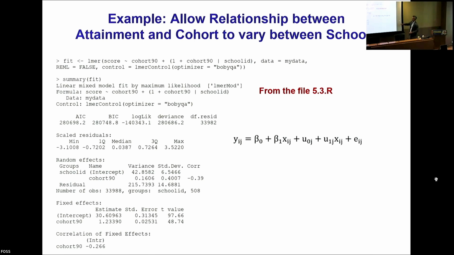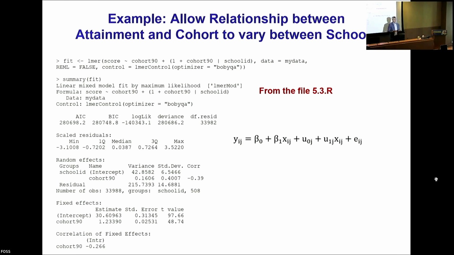So in R, it's always easy to fit these models, but the tricky bit is in interpreting them. To fit the model, we have just one explanatory variable here, cohort 90. But in the residuals part, what is different is that we have this 1 plus cohort 90.